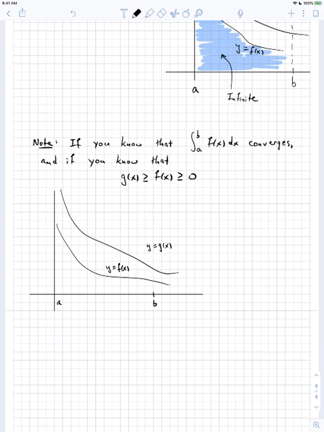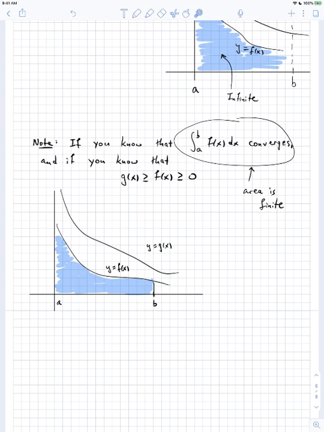That one's smaller. So what do we know? We know that the area underneath the curve from a to b is finite. We know that because it tells us that the improper integral from a to b of f of x dx converges. So that means the area is finite. So that means it's some number. It could be 12 for all we know.